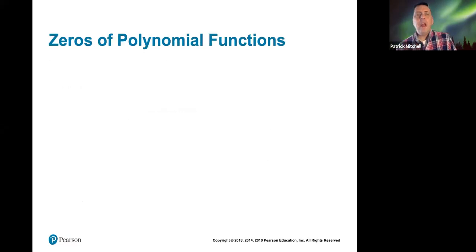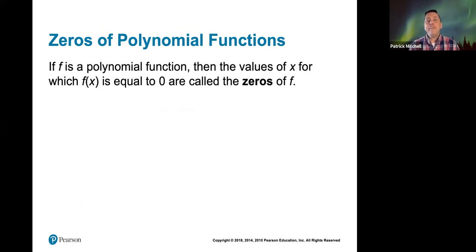All right, let's talk about zeros. If f is a polynomial function, then the values of x for which f of x is equal to 0 are called the zeros of f. So it's kind of a funny term. It's saying any number that makes the function equal 0 is called a 0.